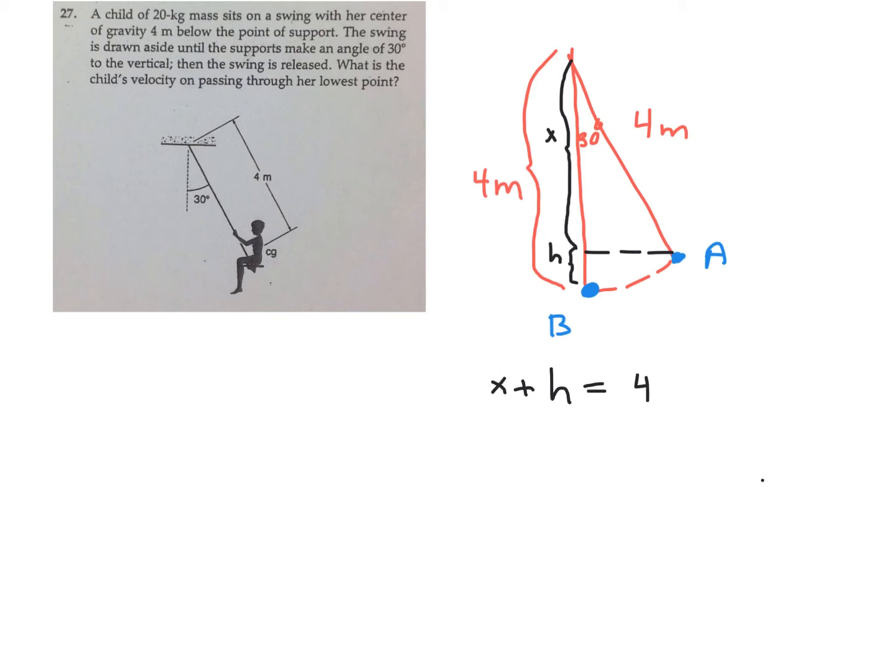But you fall an effective distance of h. You don't care about the curved arc. What you care about is how much vertical drop you have when you go from point A to point B, and that's h. Now what you want to look at here is the triangle. I'll redraw the triangle here.